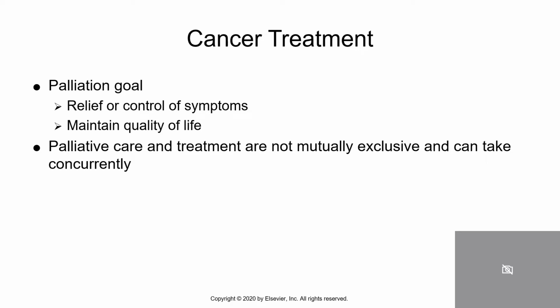In some cases, the goal of treatment is going to be palliation. We talked a lot about palliative care last semester, and it's essential that you remember that palliative care can occur with treatment at the same time. So while we're trying to relieve or control symptoms and help these patients maintain their quality of life, they can also be receiving treatment specifically targeting their cancer.